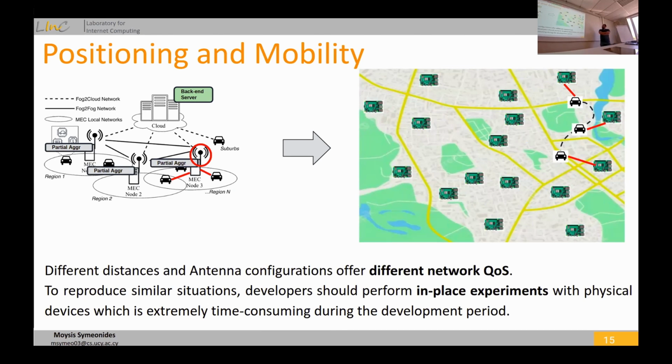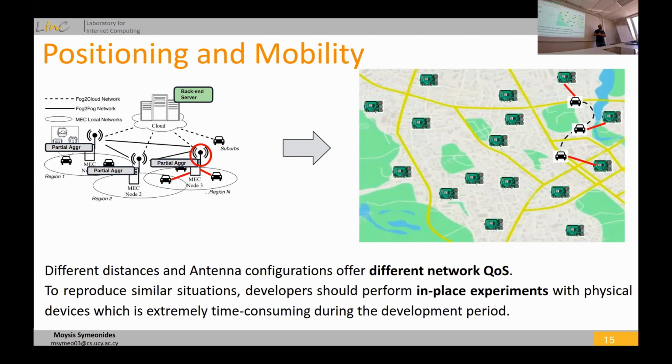Furthermore, since in such environment we have mobile nodes, the network QoS of the mobile nodes are influenced by the positioning of the node and by the wireless connections, and of course by the obstacles at the physical environment.